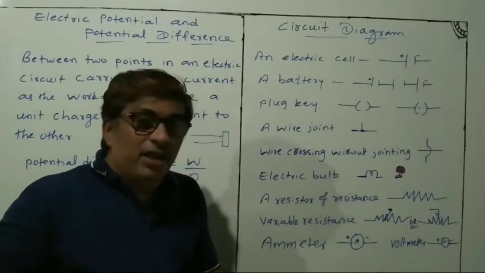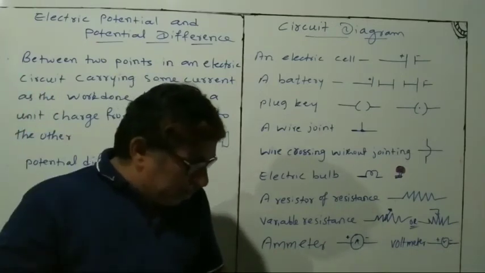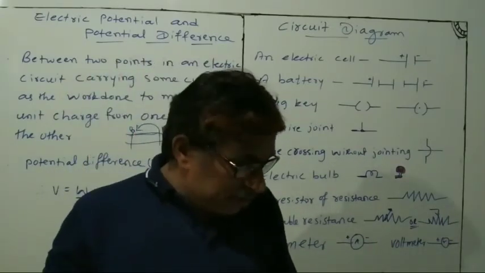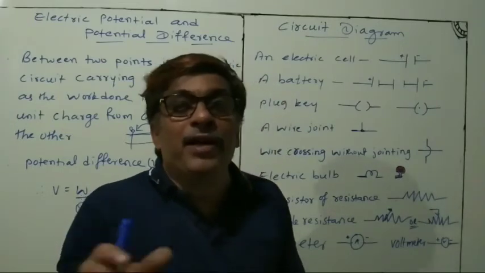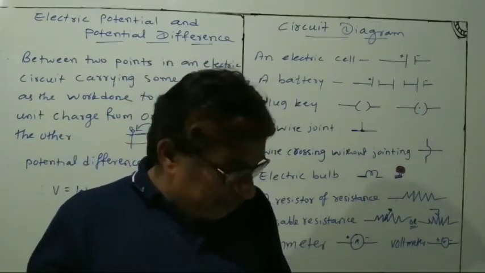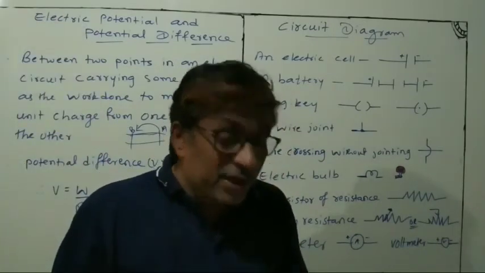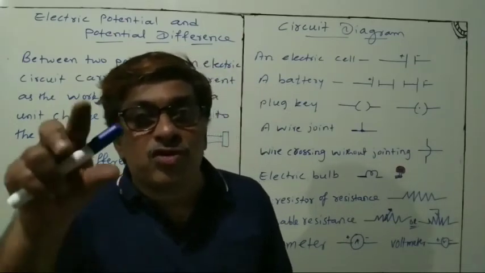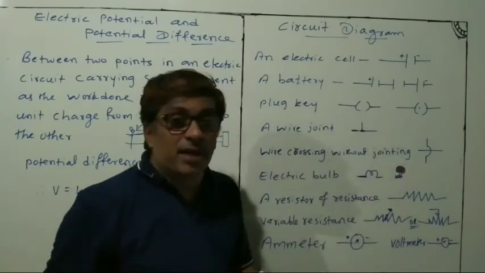We know that an electric circuit comprises a cell, a plug key, electric components and connecting wires. It is often convenient to draw a schematic diagram, in which different components of the circuit are represented by conventional symbols. That's why you should know both the names and the diagrams.